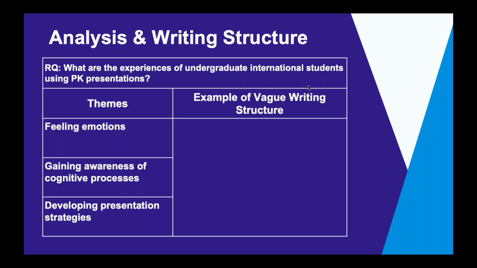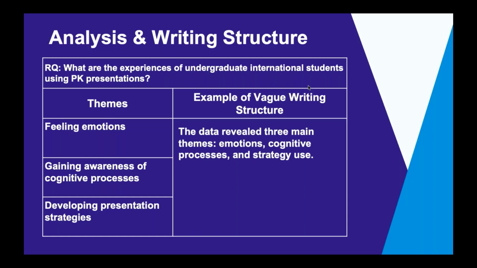Once we have this outlined, this right here becomes the overall structure for presenting our findings. And all we need to do is have the key information. So let me give it a go. The data revealed 3 main themes: emotion, cognitive processes, and strategy use.